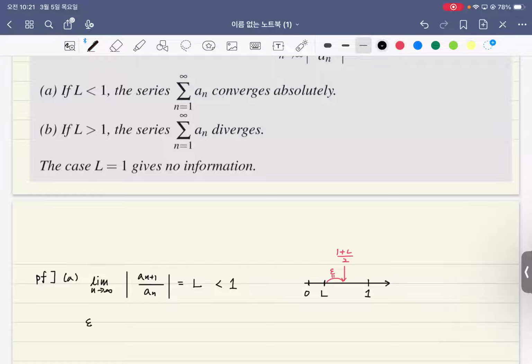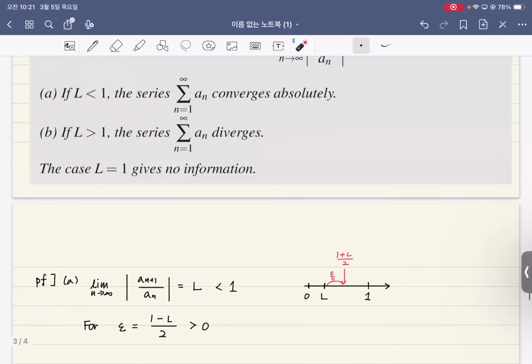So what is my epsilon then? It is (1 minus L) over 2. So 1 minus L, which is this distance, divided by 2. Clearly, this is a strictly positive number, because L was assumed to be less than 1, right?